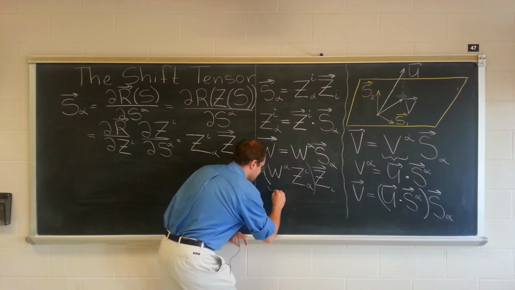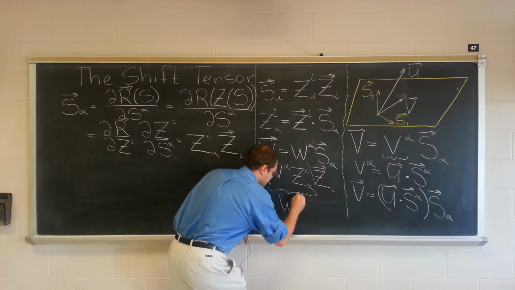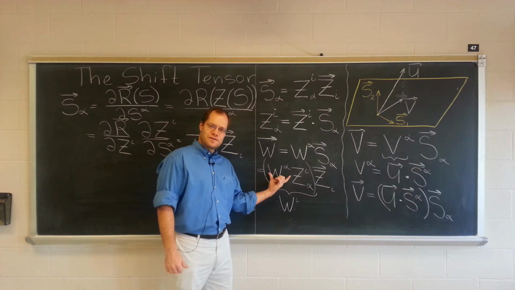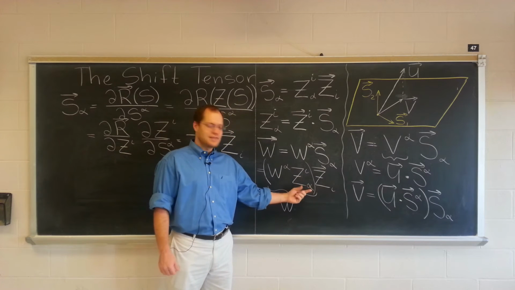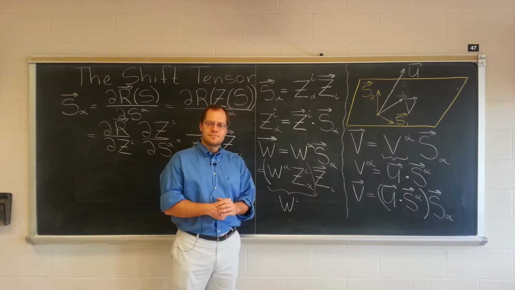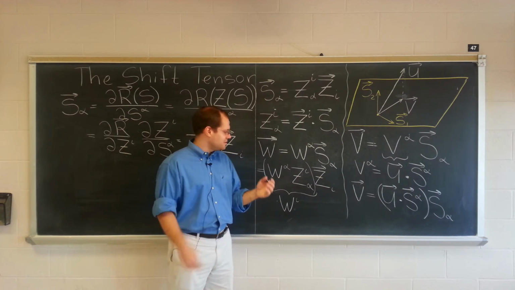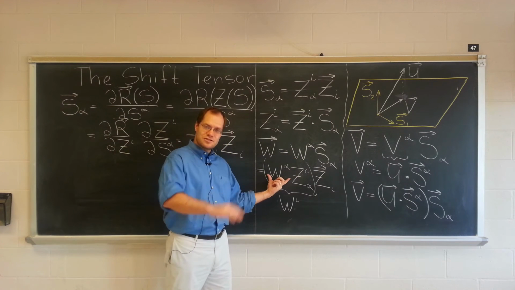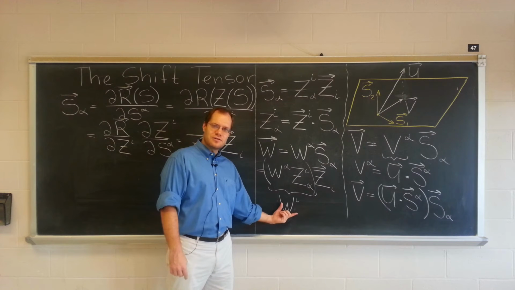So this right here is Wi. So in order to go from surface coordinates to ambient coordinates, you just have to contract with the shift tensor on the surface index. And you're once again beginning to see why it's called the shift tensor. We've just related the surface coordinates of an object in the tangent plane to its ambient coordinates.